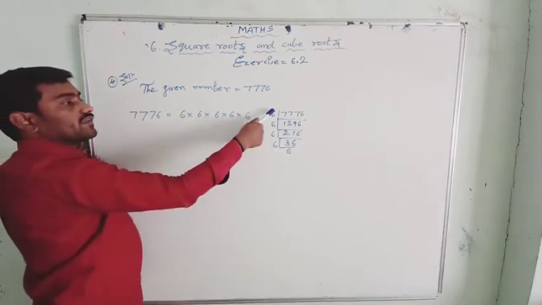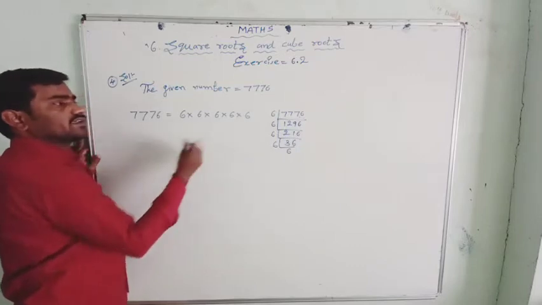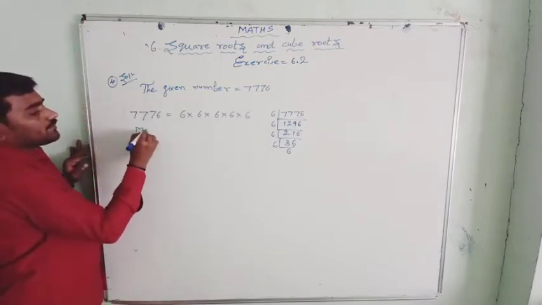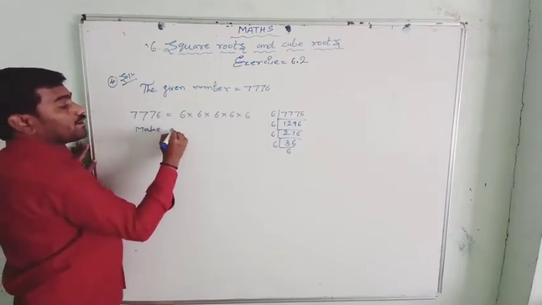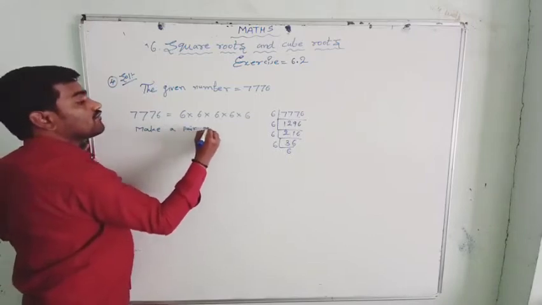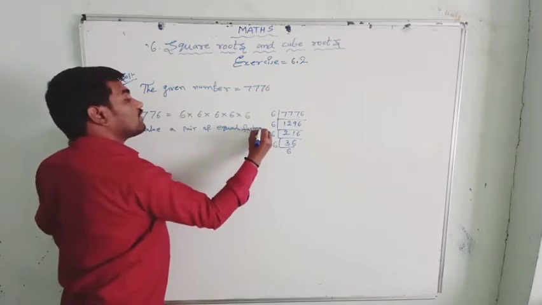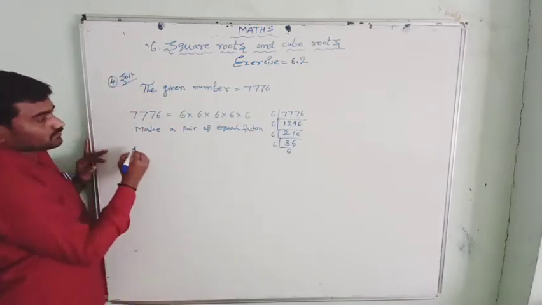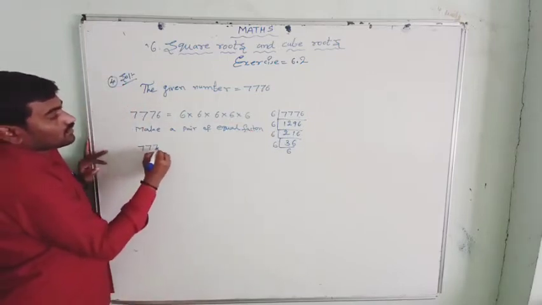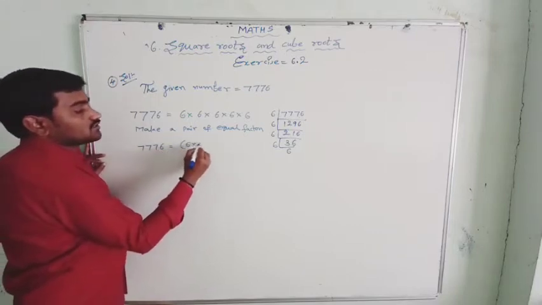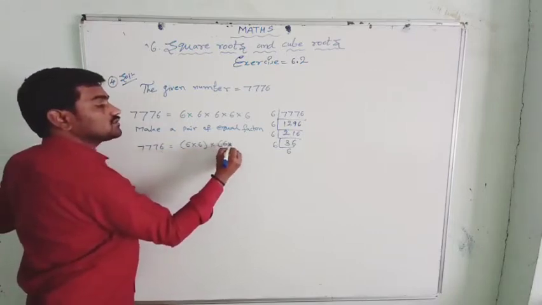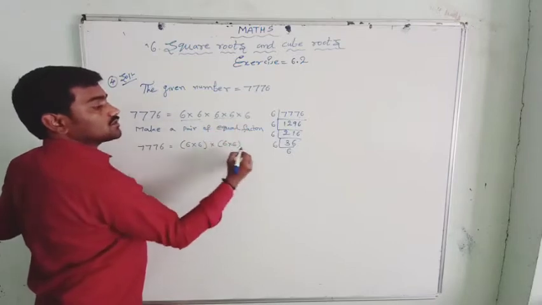If you take the other numbers 2 and 3, you get the same thing. Make pairs of equal factors: 6 into 6, 6 into 6, these two pairs, into 6.